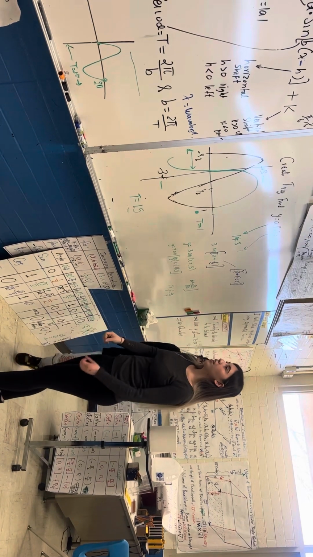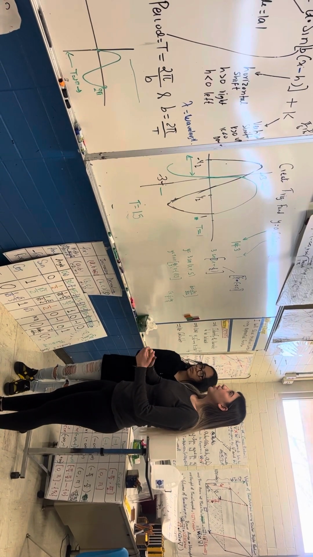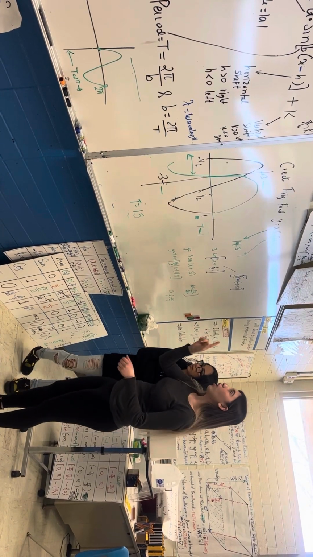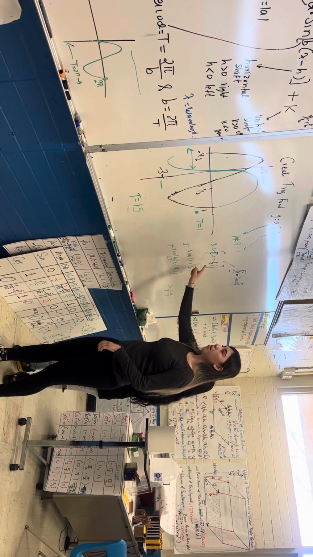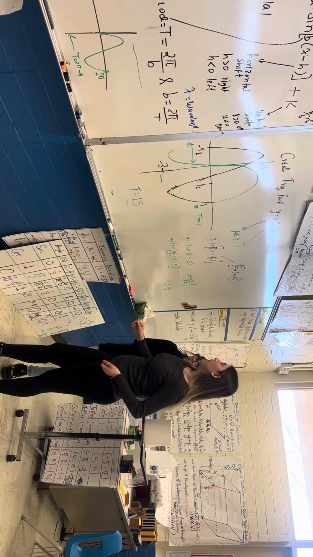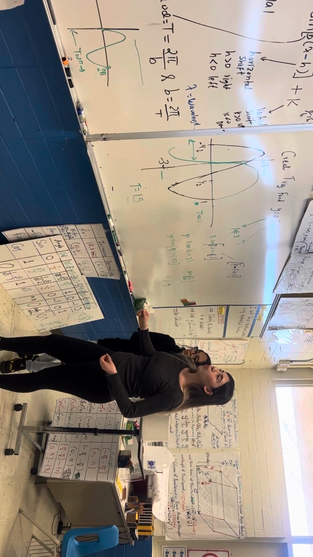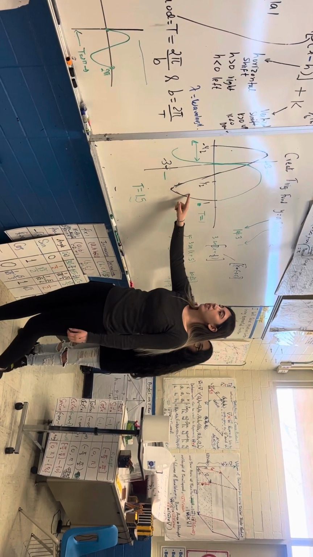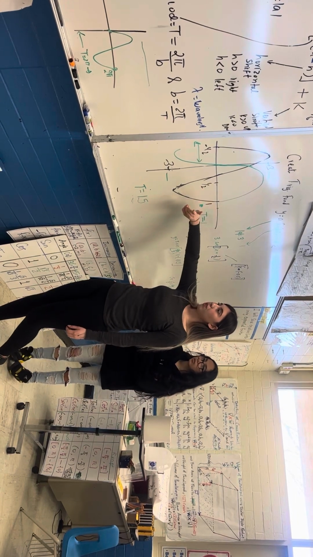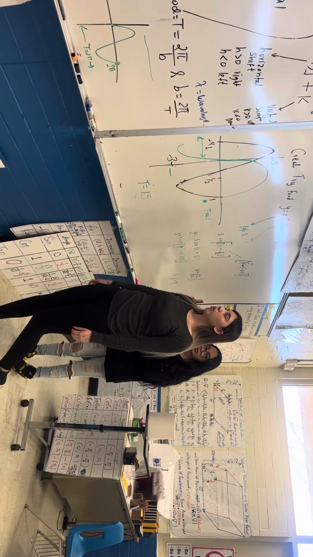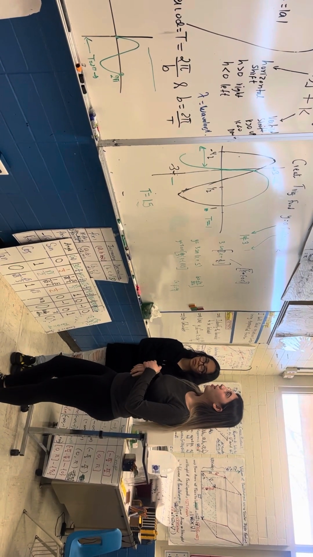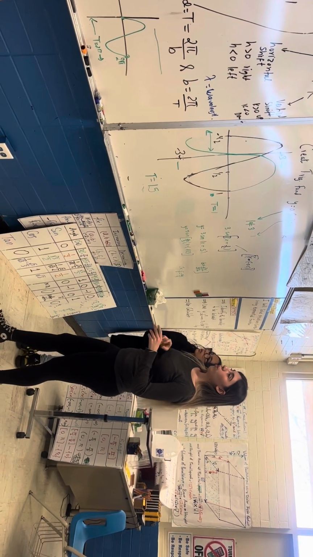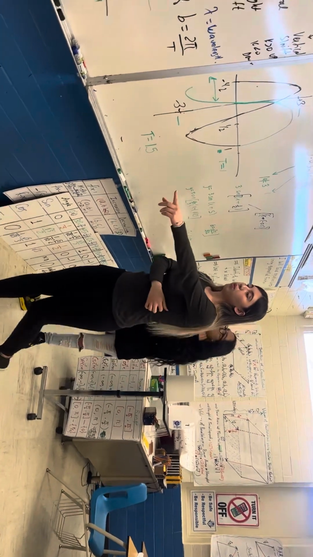So our h, or here it is c, would be half since it moved to the left. The amplitude we saw was 3, since it has a distance of 3 from 0, and we just put that there.